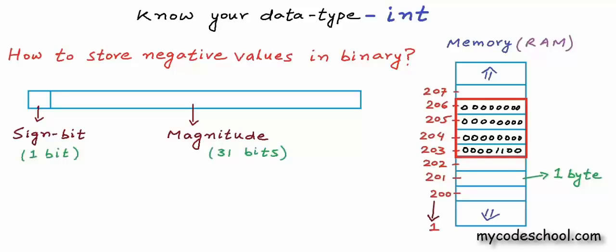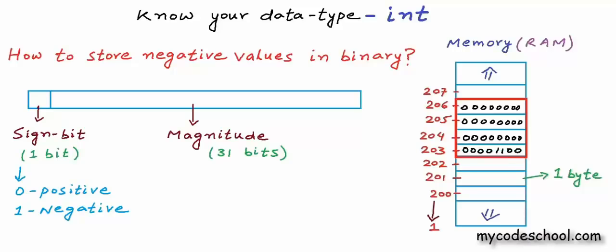We can use the leftmost bit, or the most significant bit, as sign bit to store the information whether it's a positive number or a negative number. It can be something like: if the most significant bit is 0, it's a positive number, else if it's 1, it's a negative number. And we can use the rest of the 31 bits to store magnitude or absolute value.